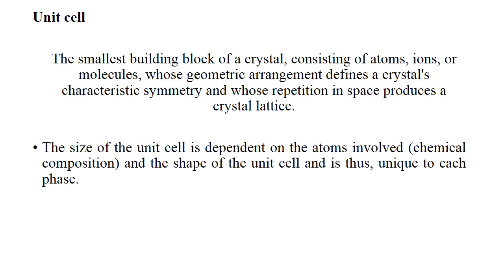The size of the unit cell is dependent on the atoms involved, that is the chemical composition of that compound, and the shape of the unit cell, and is thus unique to each phase.